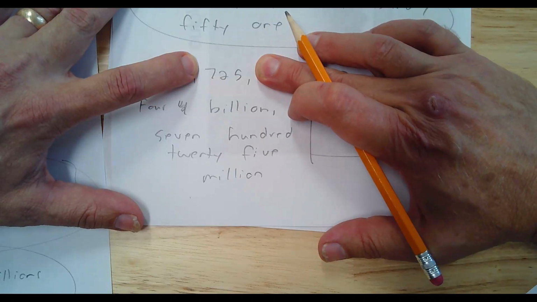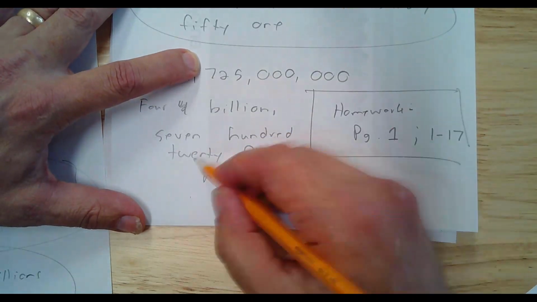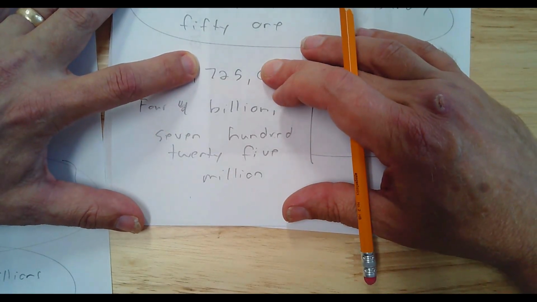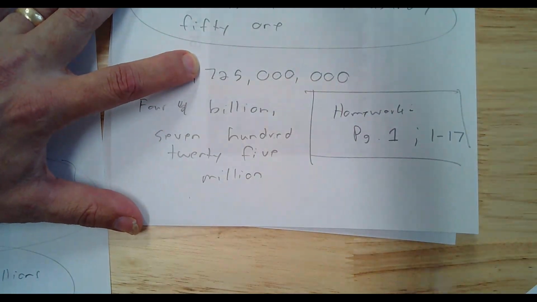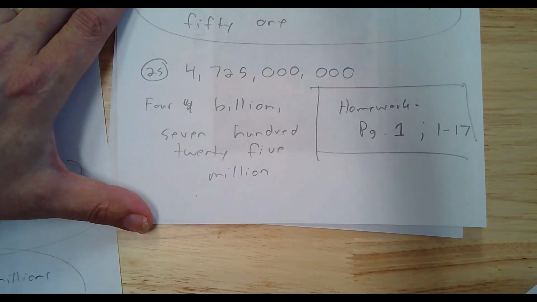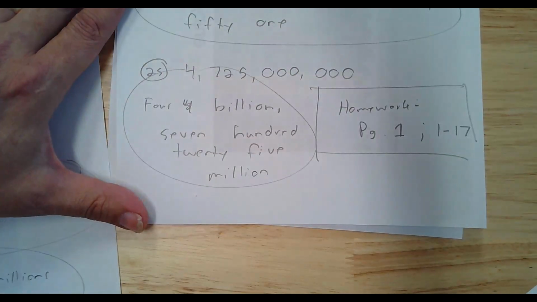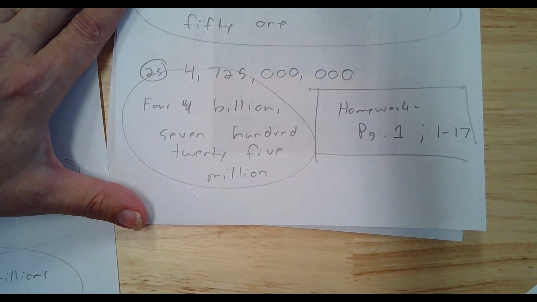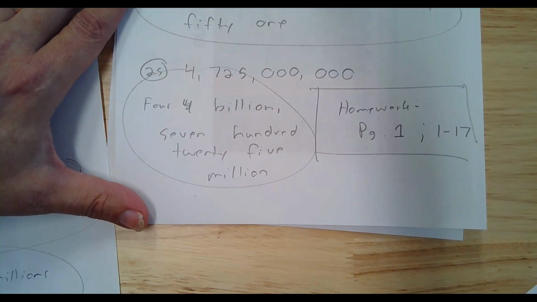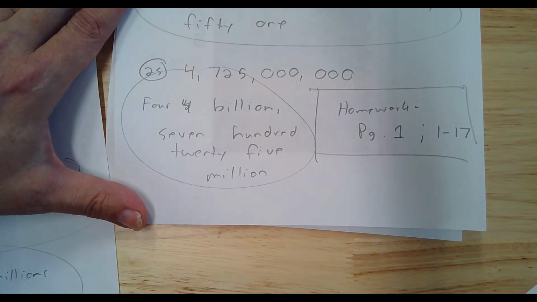Got 725 of them, so I write 725. 725 what? Million. Now what? Just went to 0. Right. All we have left is zeros. I don't need to say those zeros. This is the number: 4,725,000,000. Period. Done. There's no thousands.